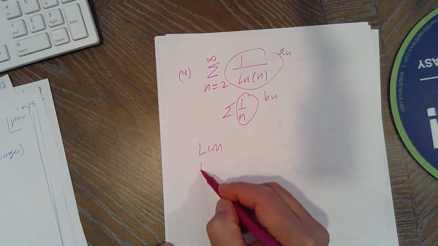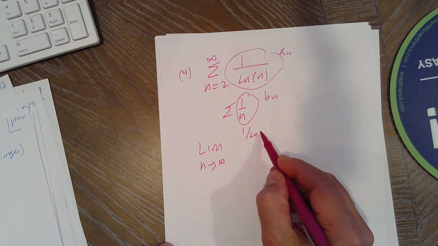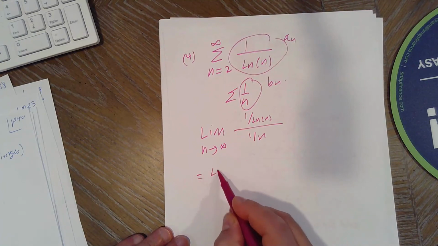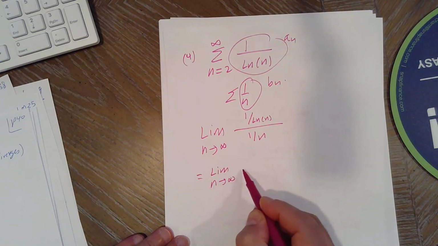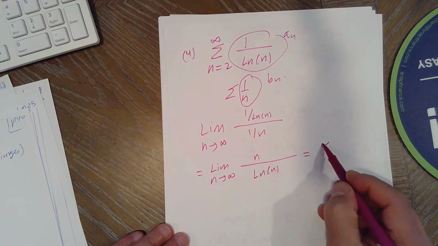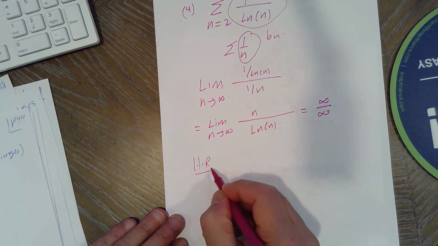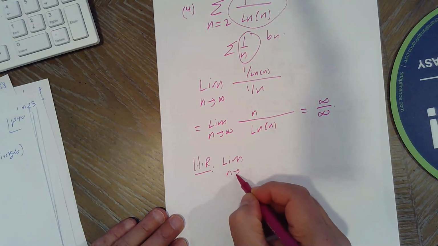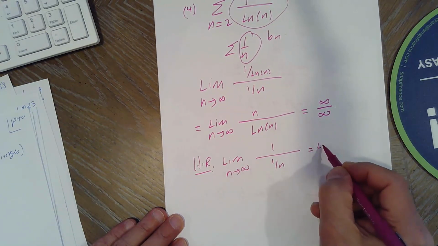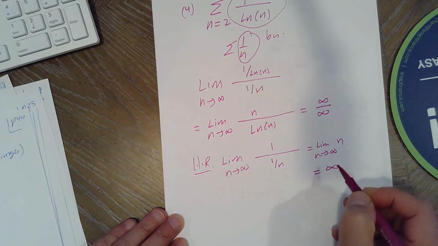So we're going to do the limit as n goes to infinity of an over bn, which would be the limit as n goes to infinity, we multiply by the reciprocal, which would be infinity over infinity. So we do L'Hopital's rule. The derivative of ln n is 1 over n, which is the limit as n goes to infinity of n, which is infinity.